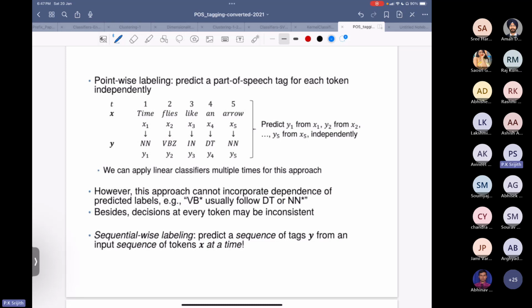See, many times you consider some kind of a start token also, and you consider conditioning with respect to that start token.